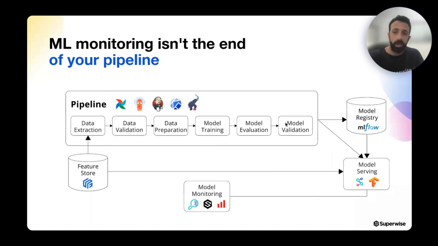You can see all the pipeline. Its output eventually is a model, and you put that model in your serving tool, and then you have the monitoring and observability. But when do you retrain, or when do you fix any part of this pipeline, and what do you focus on? This is the missing part in the puzzle.